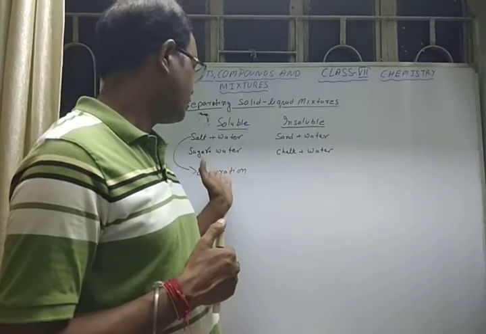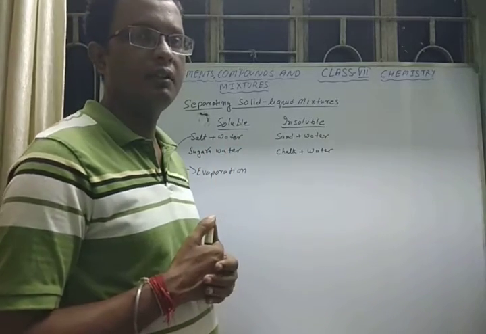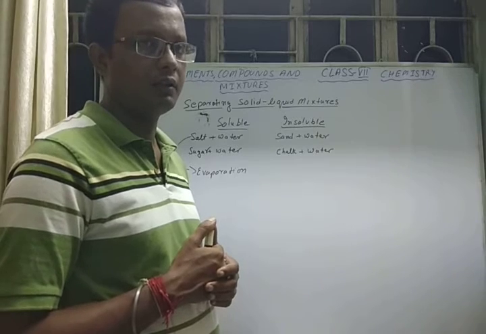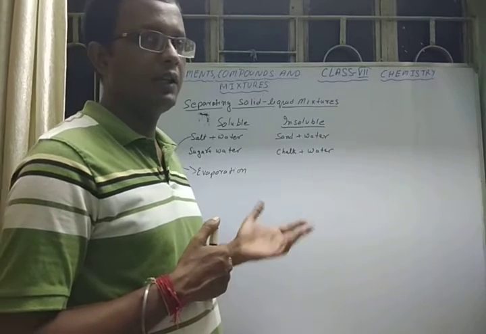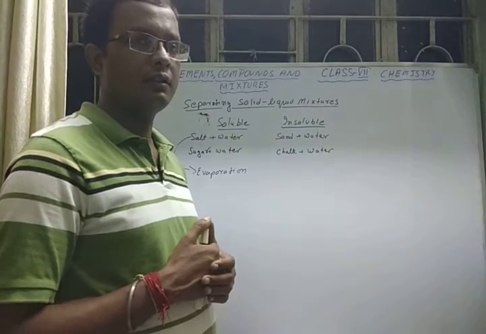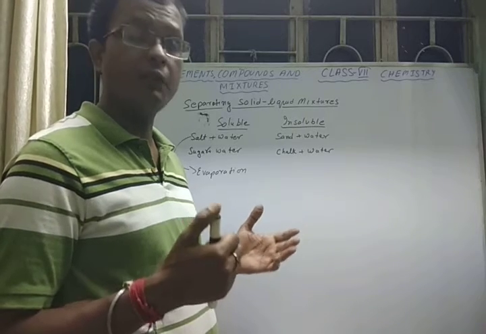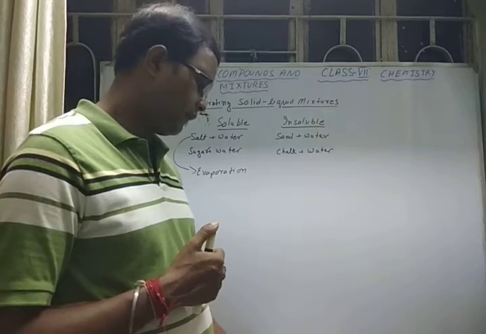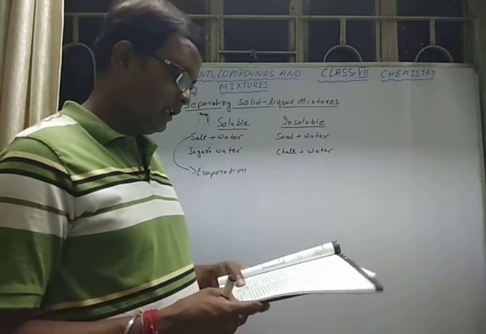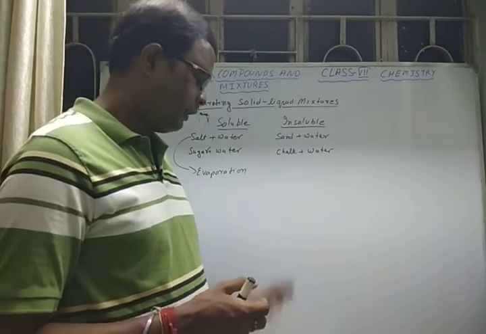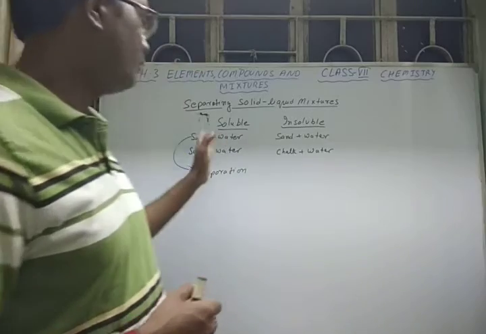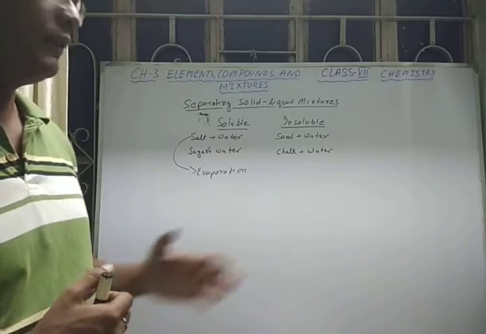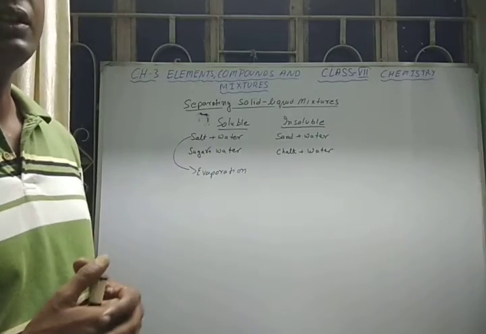So by the process of evaporation, we can separate this salt and water. The same process we are following in seawater also for getting salt from seawater. Now in this process, evaporation, you will get only the solute.